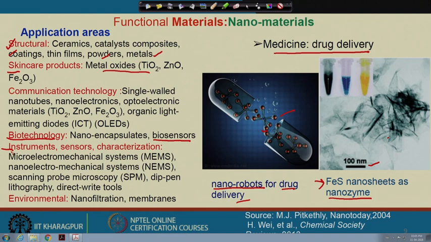Micromechanical systems are also seen. Let us say nano electromechanical systems developed from the nanostructures can also be used. Some dip pen lithography or direct writing tools, and also for environmental purposes we use nanofiltration and membranes. So, you can see that there are large application areas of nanomaterials and nanostructures.